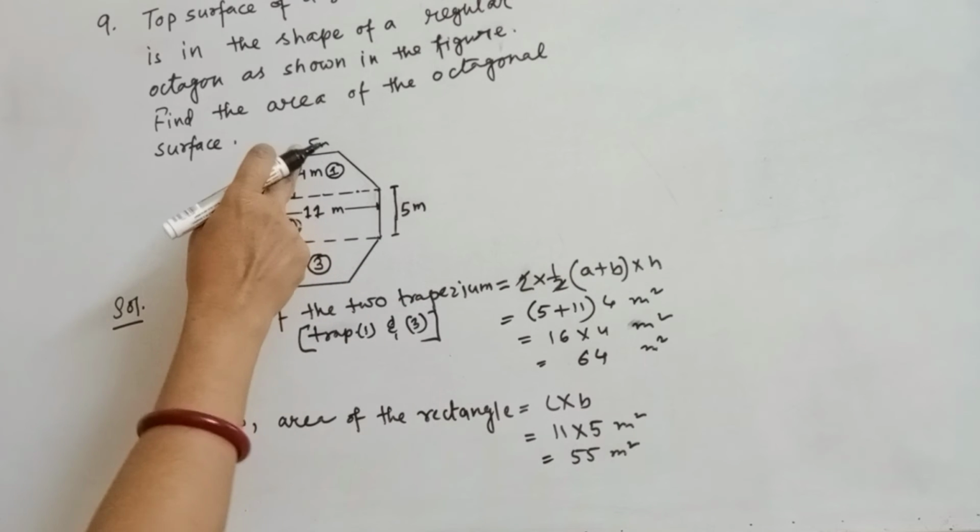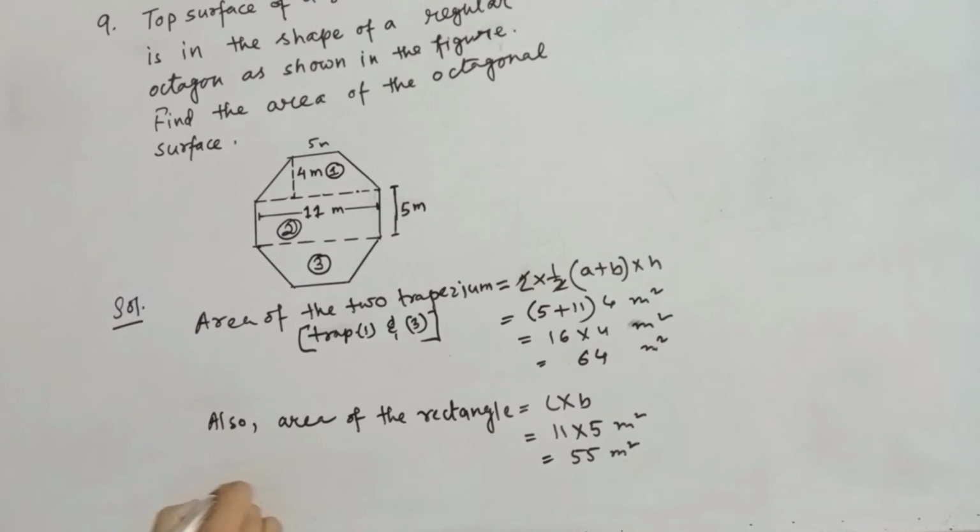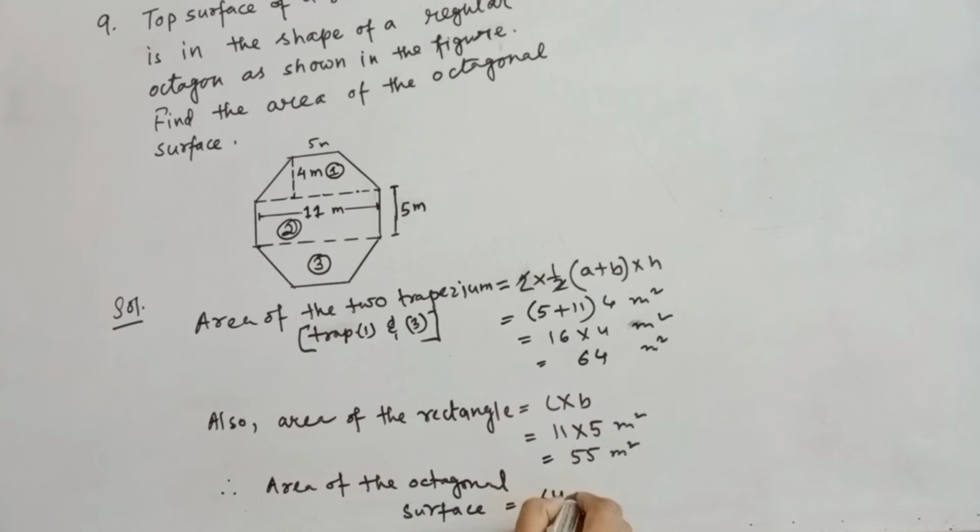If you add these two areas, the two trapezium shaped fields and the rectangular field, therefore the total area of the octagonal shaped field, therefore the area of the octagonal surface is equal to 64 plus 55 meter square, 119 meter square.